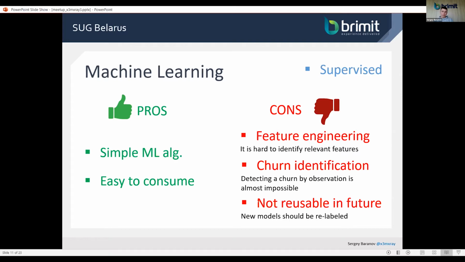And the third disadvantage is that if you want to recalculate your model in future, you can't use your old results, and you need to do the same process once again with identifying your older churn customers, because churn has a very small time period.